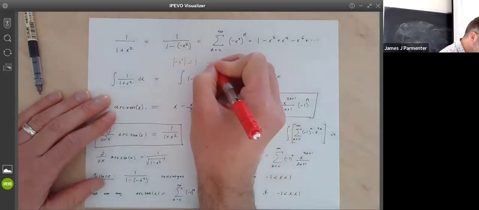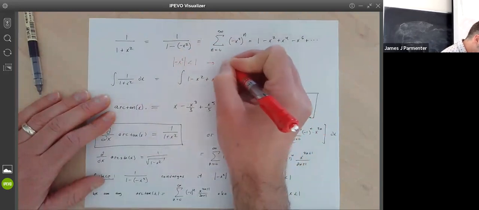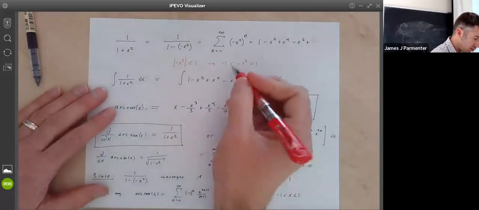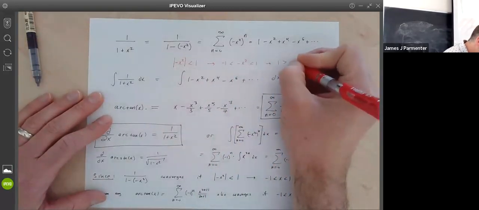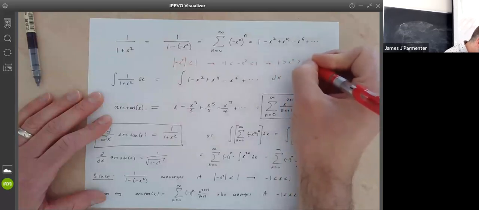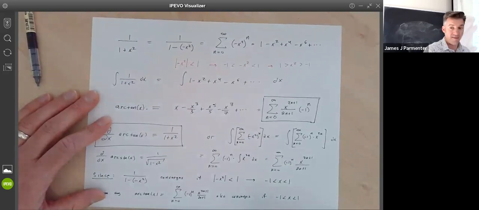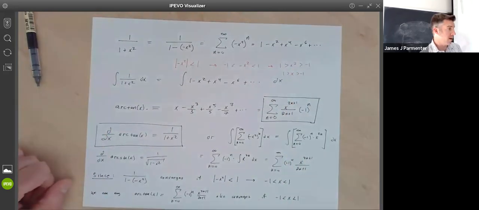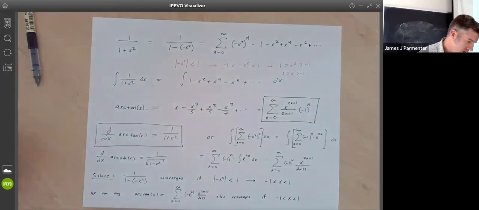Or you can write that as -x² less than 1 and bigger than -1. I didn't show all the work because I was being a little lazy. But if you want to show all the work, we can multiply everything by -1 and get 1 bigger than x², bigger than -1. And for x² to be between -1 and 1, x itself has to be between -1 and 1. There's no other way for a power of x to be between 1 and -1 unless x is between -1 and 1.